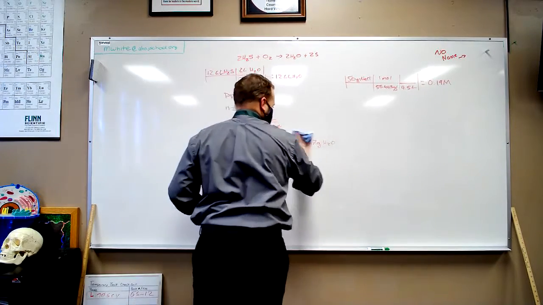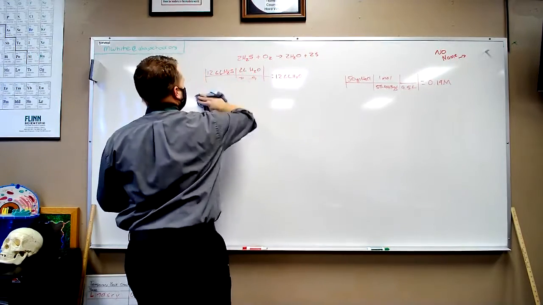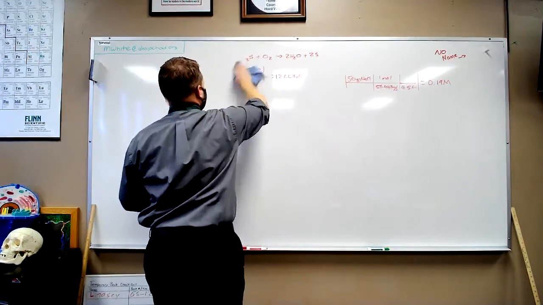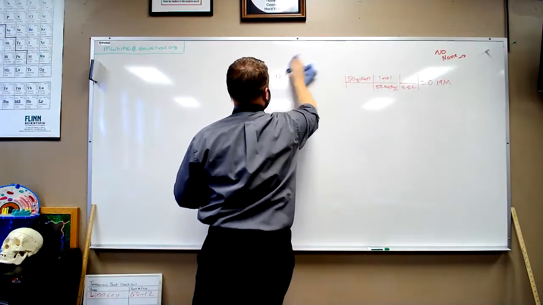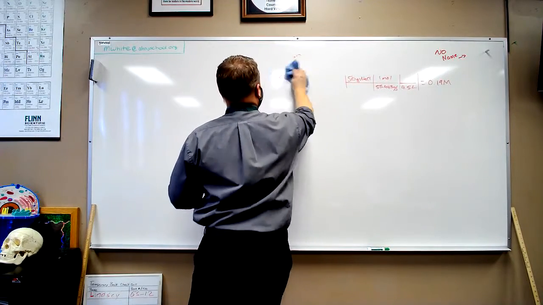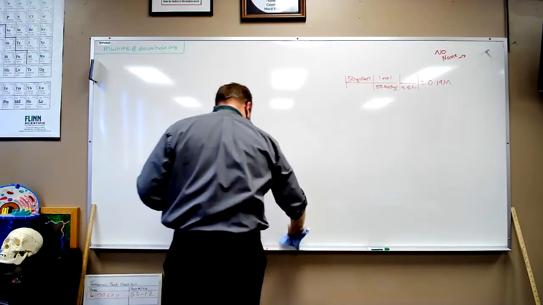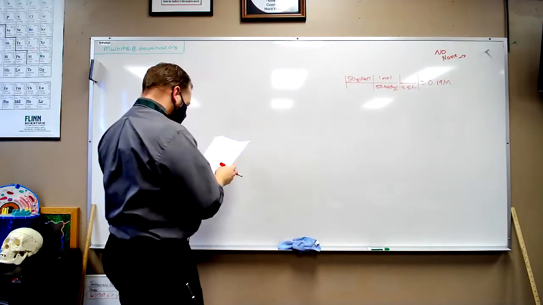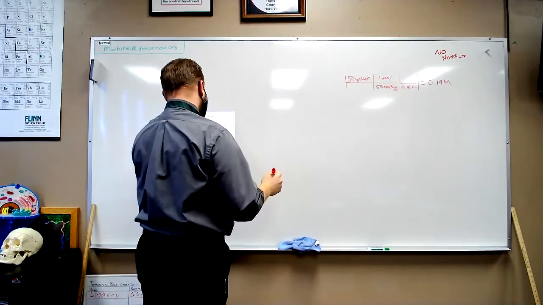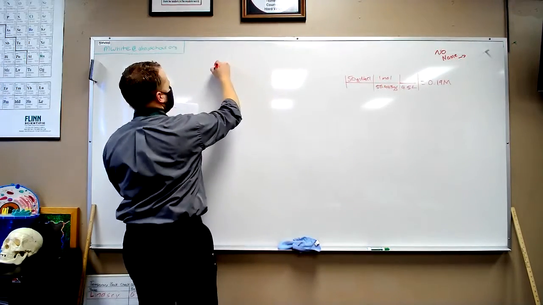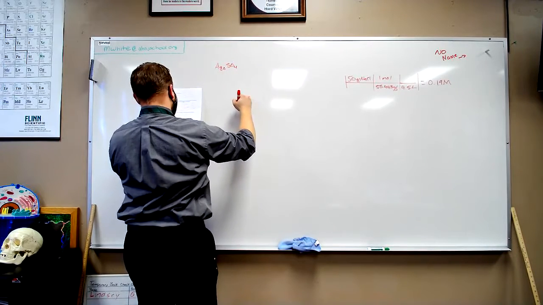For the predict the precipitate, remember we need to compare Qsp and Ksp. It gives us Ksp, we need to figure out what Qsp is. Now for this one, it helps because it gives us the Ksp for the silver sulfate. So we know that we're dealing with this.